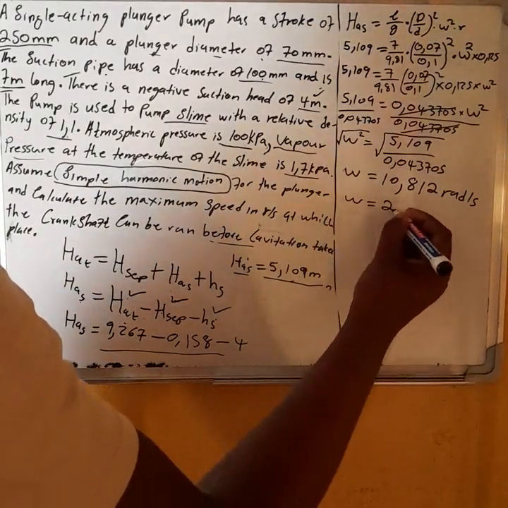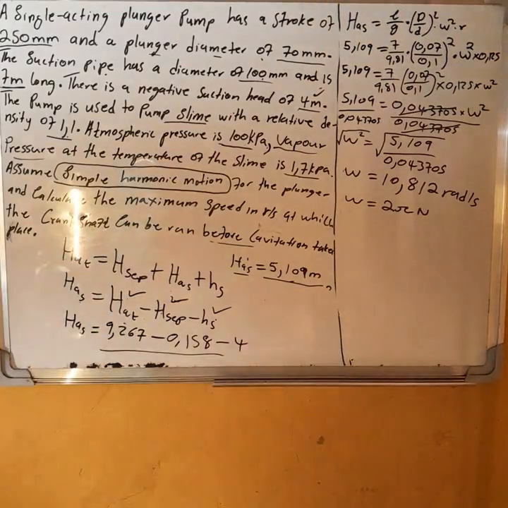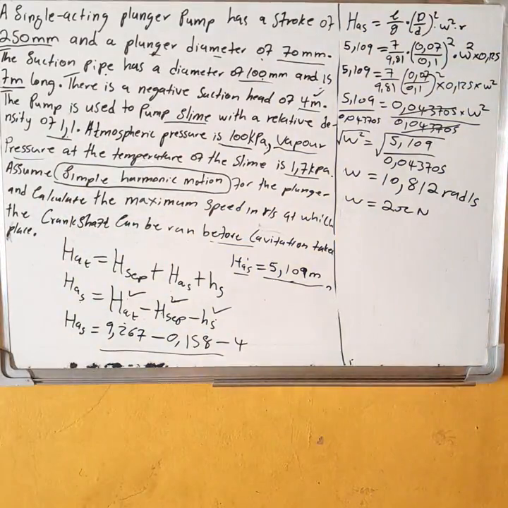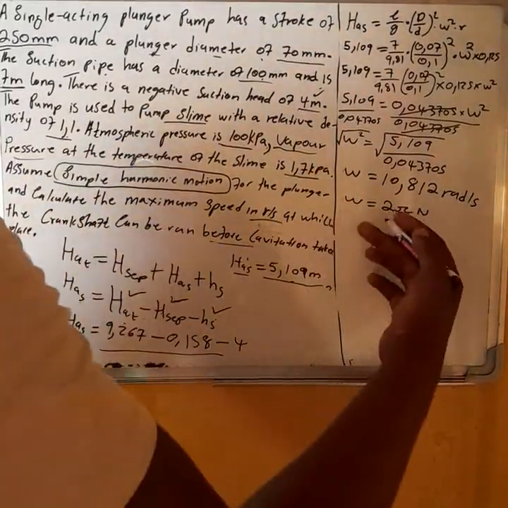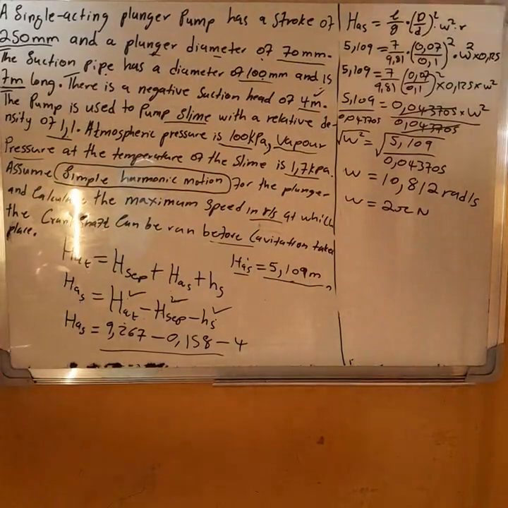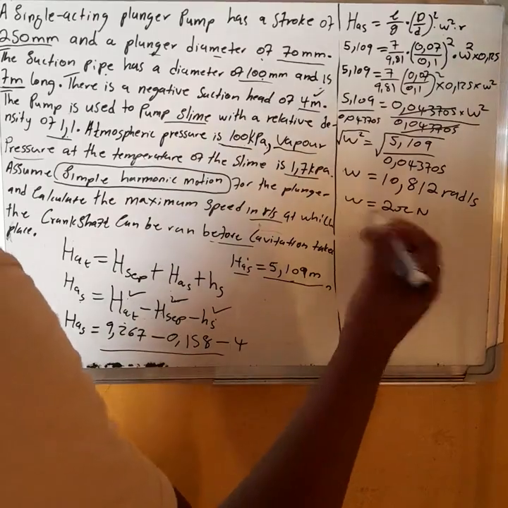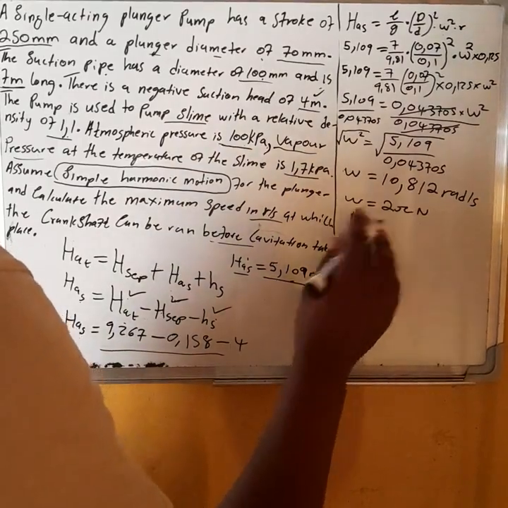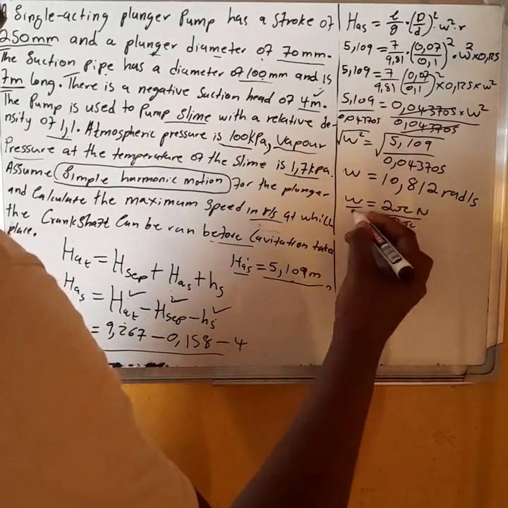They requested the answer in seconds, so we don't divide by 60. We take this straightforward, then divide by 2 pi on both sides.